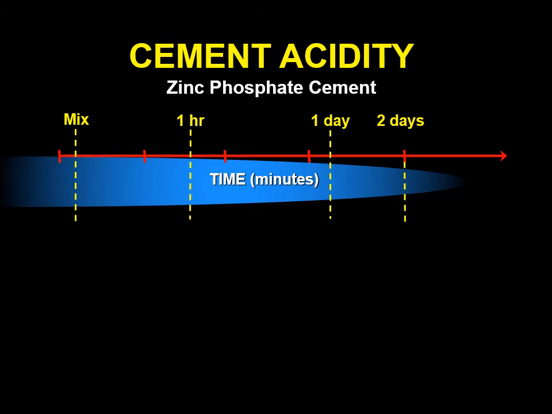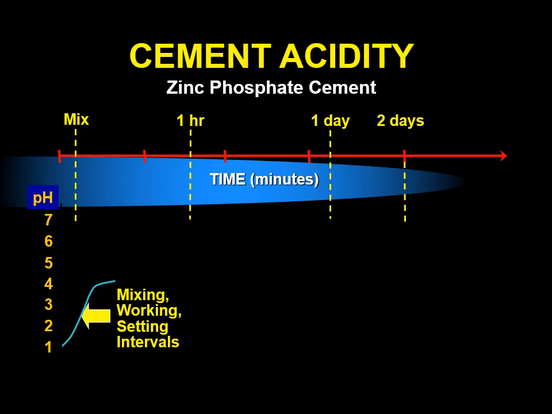The disadvantage of the cement is its acidity. In the bottle, the cement liquid phosphoric acid has a pH of about 1.